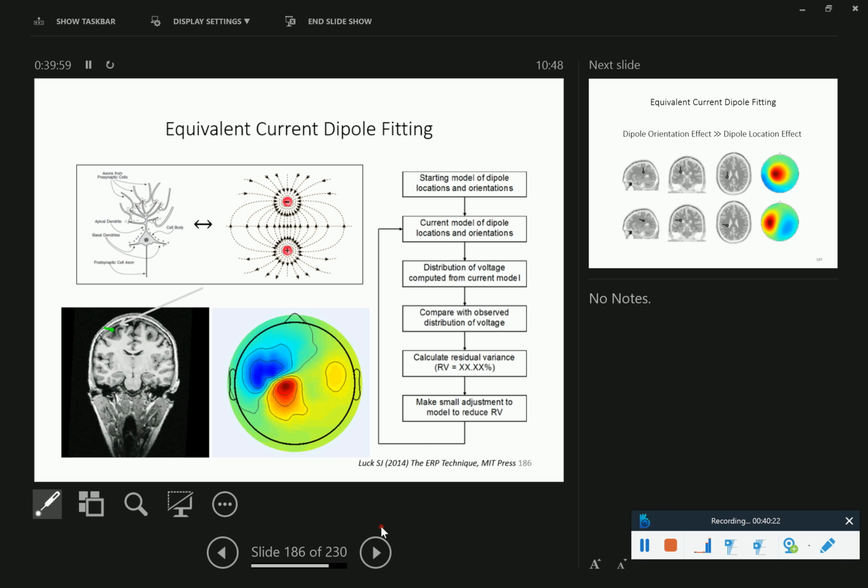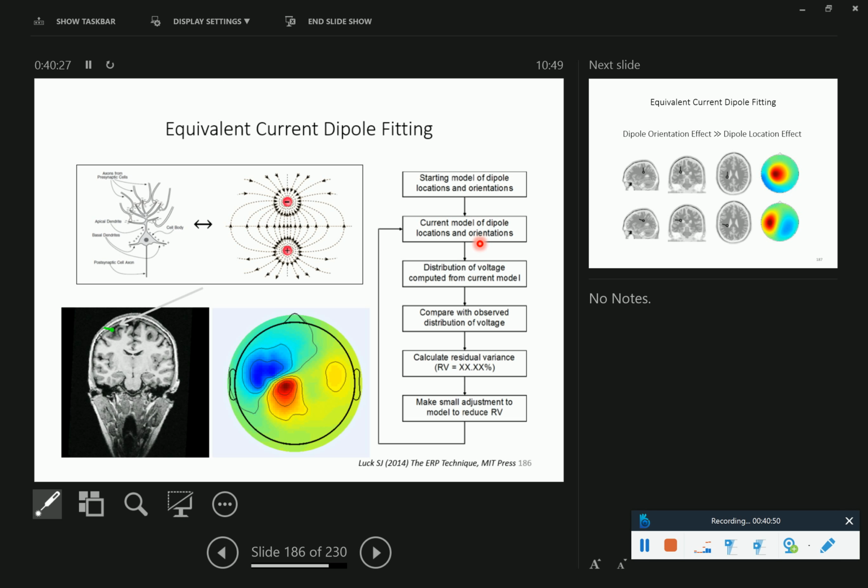In more of the Lux style of explaining how this fitting procedure works, it's as follows, and this is what you can do using software solutions, and I think BESA was a big thing doing this. So if you now have something like this observed, then you would put in, let's say, one dipole and suggest some location and some orientation.